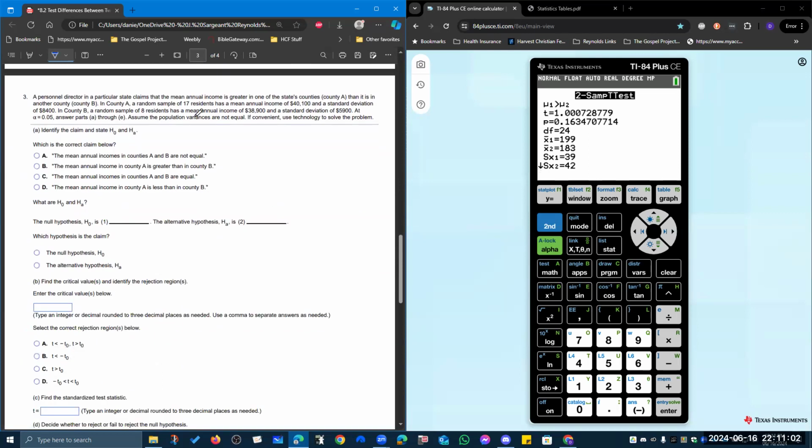A personnel director in a particular state claims that the mean annual income is greater in one of the state's counties, County A, than in another county, County B. So mu A greater than mu B. In County A, a random sample of 17 residents has a mean annual income of $40,100 and a standard deviation of $8,400.